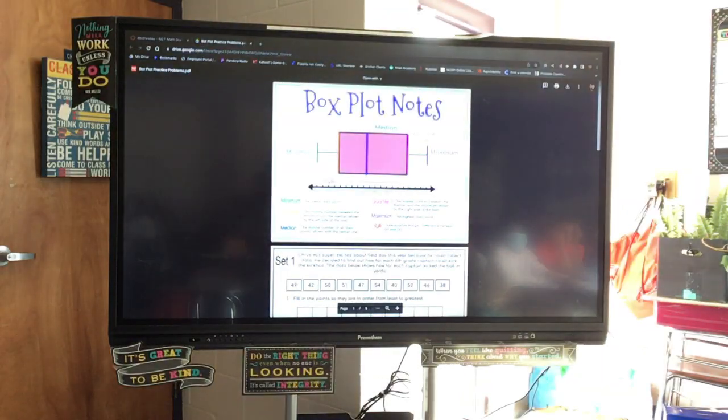Now, this has a really good information page at the beginning. So if I were you, I would take a screenshot of the box plot notes right there, just so you have it. Box plots you are going to see on, obviously, the test that we're gonna take next Monday, and you're gonna see a decent amount of them on the EOG. So it's something that you have to know and understand.